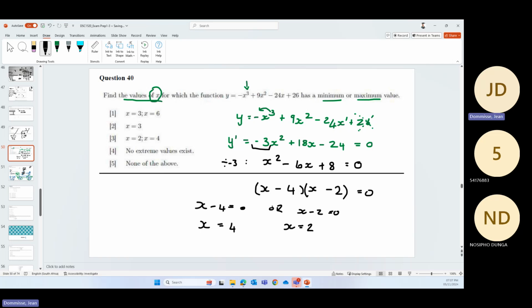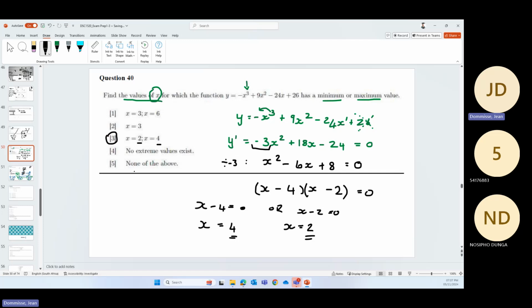So our two values are 4 and 2. That is our two minimum and maximum values.